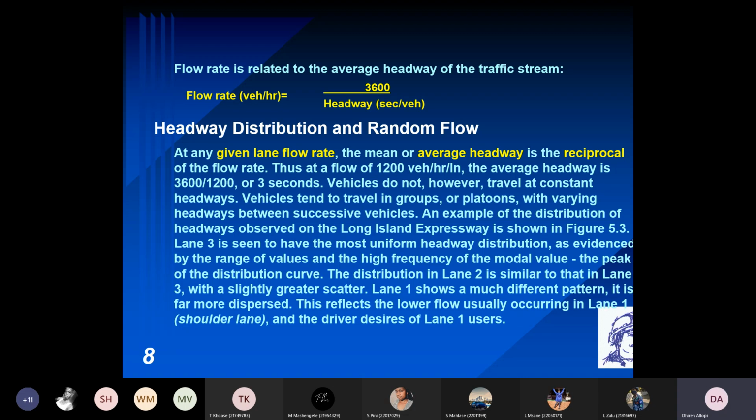You get a headway of 3 seconds per vehicle. That's the average, the 3-second rule that I was referring to. But bear in mind that your headway can change, it doesn't have to be 3 seconds, depending a lot, for example, on the flow rate.